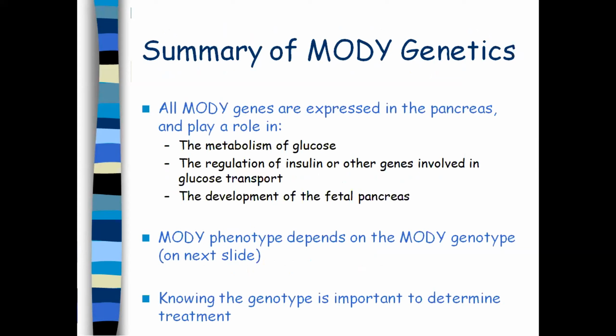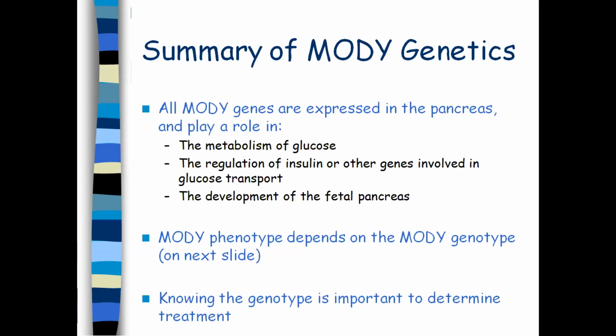These genes are expressed in the pancreas and play a role in metabolism of glucose, regulation of insulin or other genes involved in glucose transport, and development of the fetal pancreas. Most of the time, these genes are mainly associated with regulation of glucose metabolism. If there is faulty metabolism, there will be no proper glycemic control.